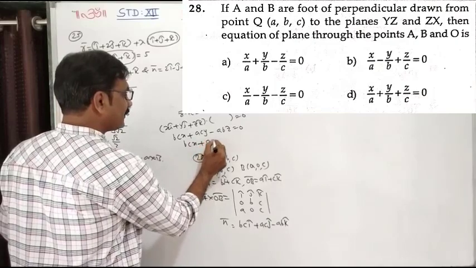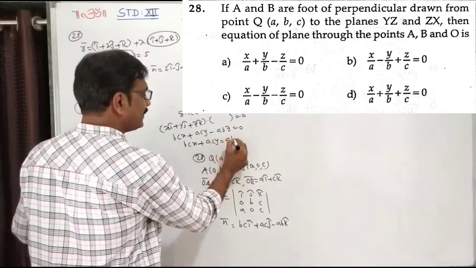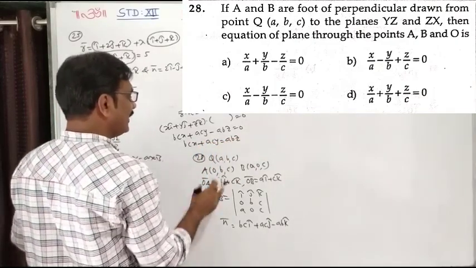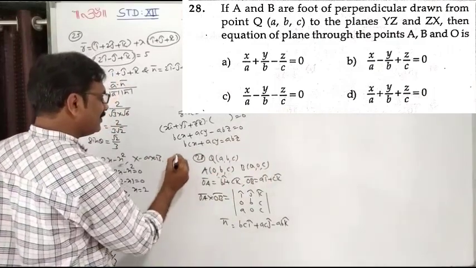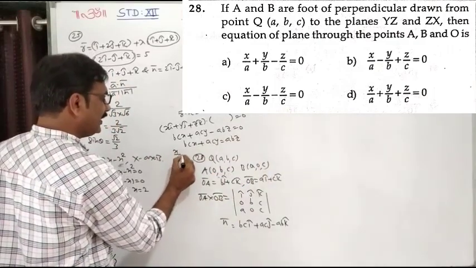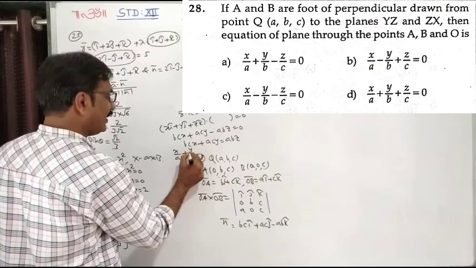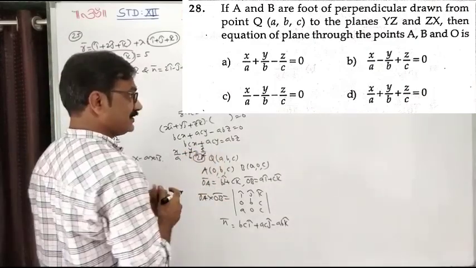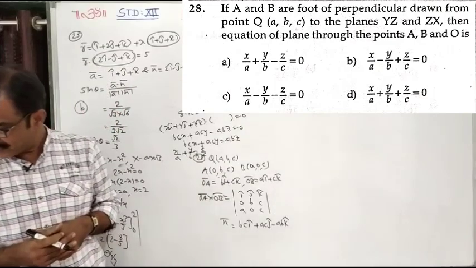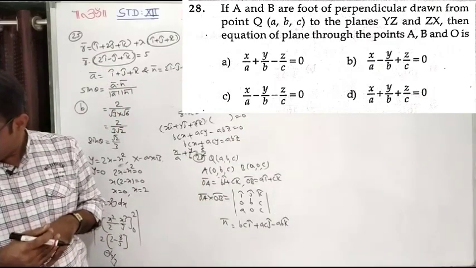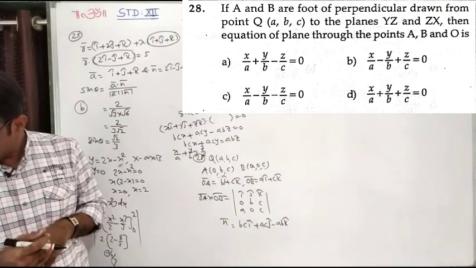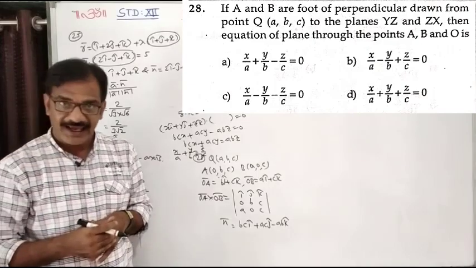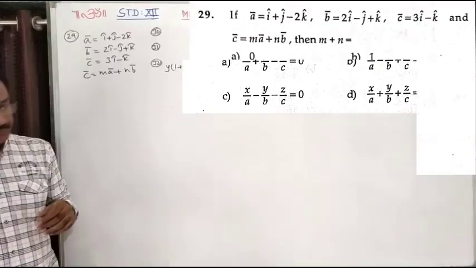So bcx plus acy equal to abz, divided by abc. You will get x upon a plus y upon b equal to z upon c. What is your option? Your option is A.